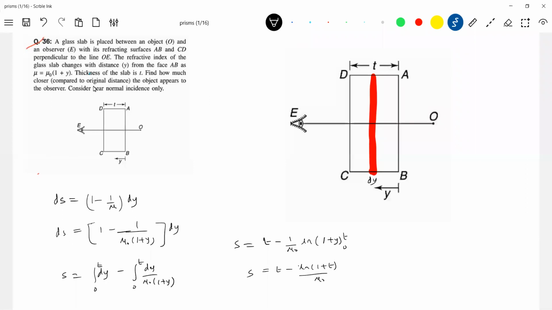Okay, fine, so that's the total shift. Any numerical can be asked, so just be careful. I just picked up one question where the slab refractive index can be variable also. This is nothing but like double refraction because here it is air.